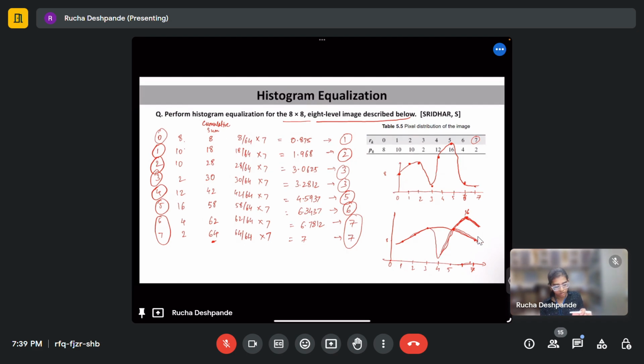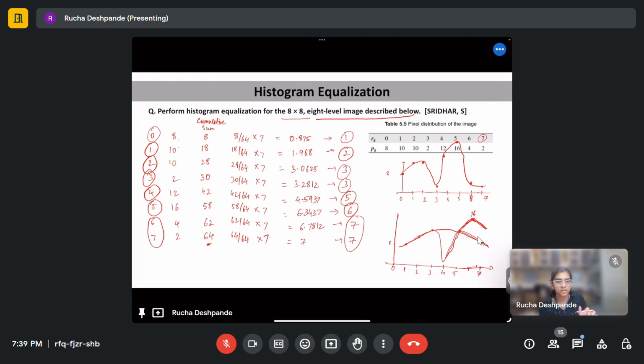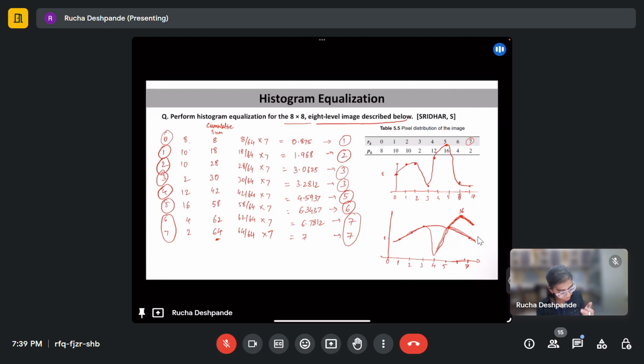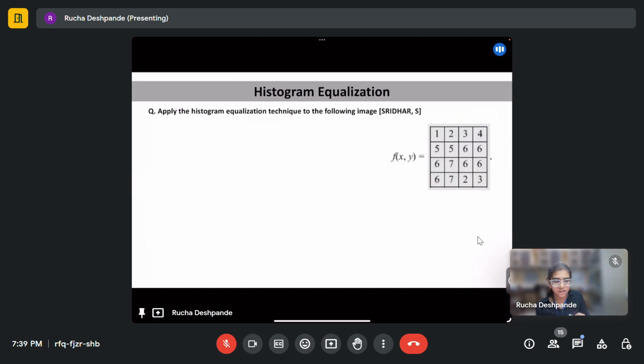Okay, so this will be the result after the histogram equalization. So we'll try to solve another problem. This does not explain it very clearly, so let's try to do this problem and see.